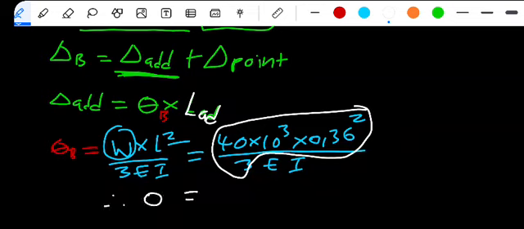In terms of that, the 3 here is 2, it must be 2 since it's a deflection.